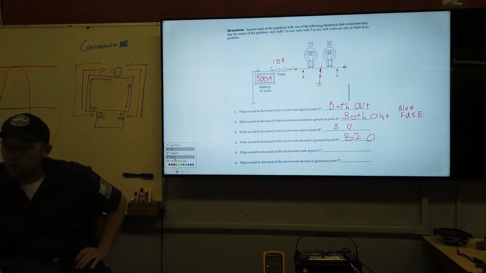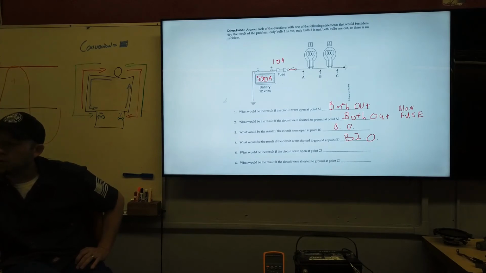Then the next question is, what would be the result if we had an open at C? So if we had an open at C, an open circuit here, then this bulb would have power but no path to ground. This one would have a path back to power, but it would have no path to ground.